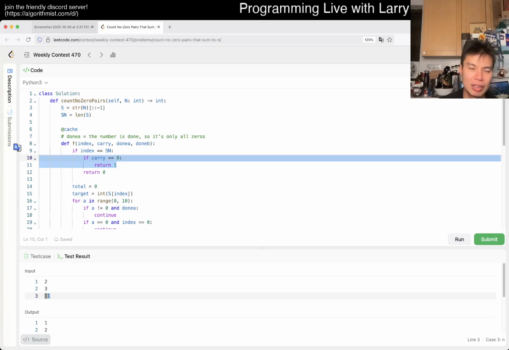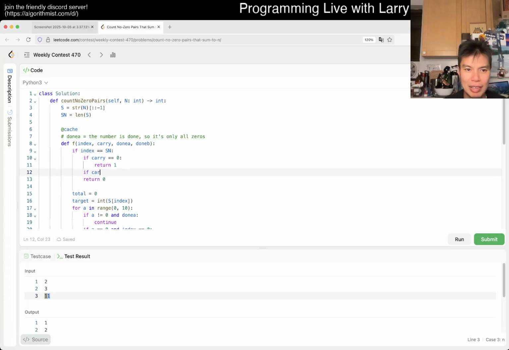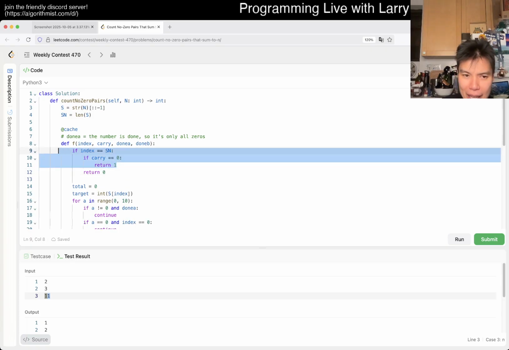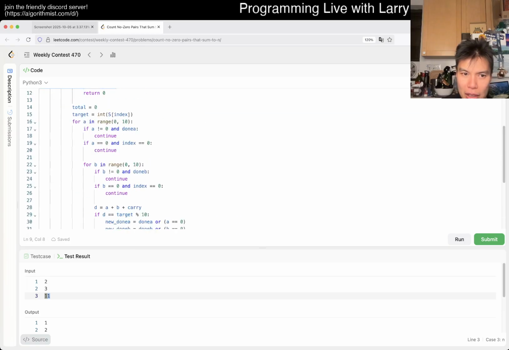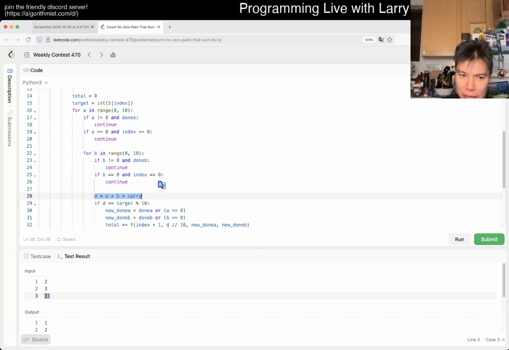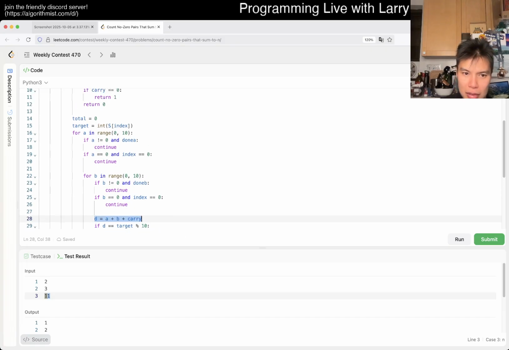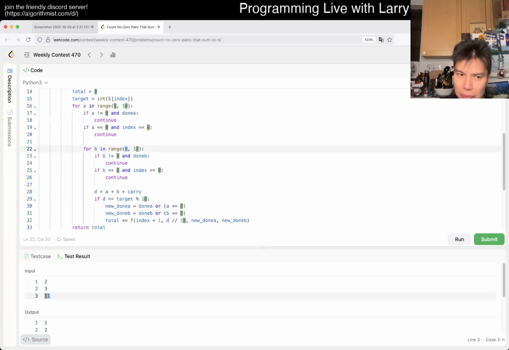I mean, it's basically if carry is equal to 1, no, I think this is right, but I'm not handling the case well where we're in the second index. This should be 0 and this should be 0. They both should be 0. And that should pass through though, right?